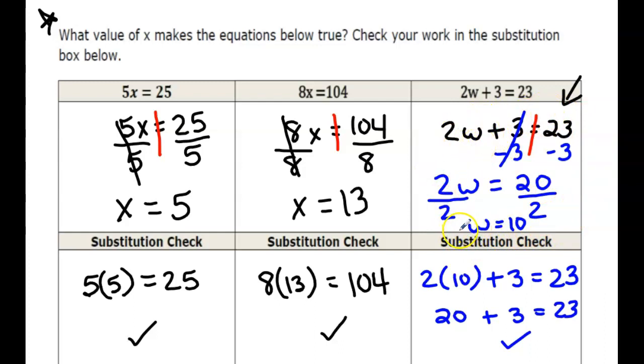Remember, we want to isolate that variable, and we always work backwards from order of operations because addition here is loosely attached to the w and the multiplication is closely attached, so we want to work backwards, which is why we subtract and then divide.